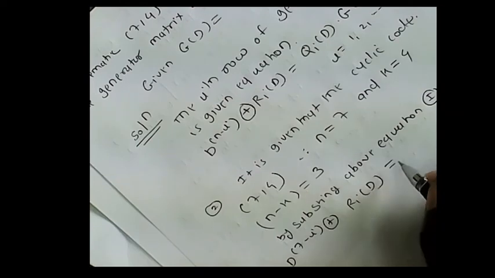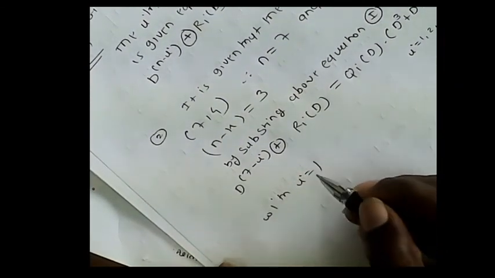d raised to power 7 minus i plus r of d equals q of d into the generator polynomial, which is already given as d cubed plus d plus 1. We put the values of i as 1, 2 up to 4.